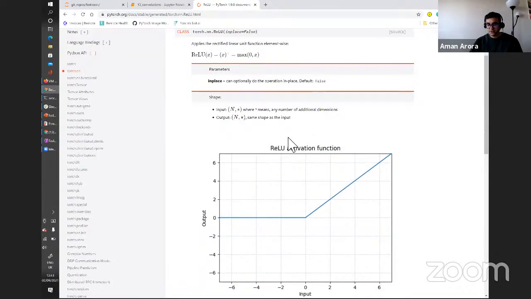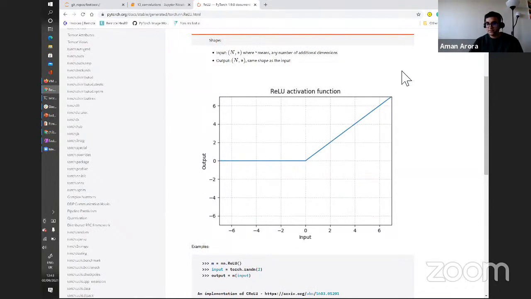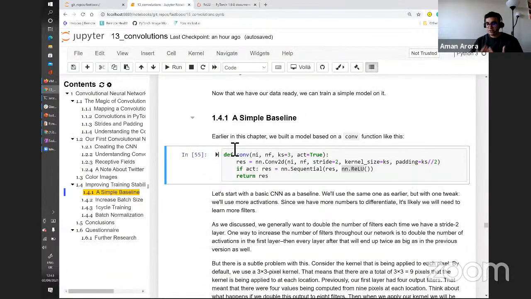For everything that's negative, it gives us the value of 0, and for everything positive, it gives a positive slope, so it just returns the positive value. That's a non-linearity. So I've created a convolution function that creates a convolution 2D followed by ReLU, and you can just apply that.